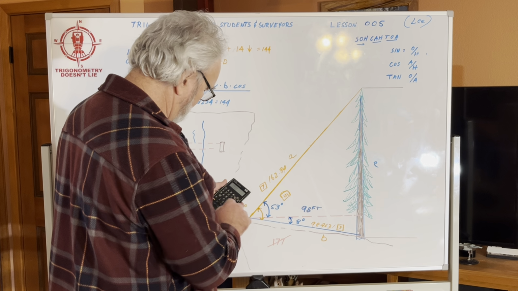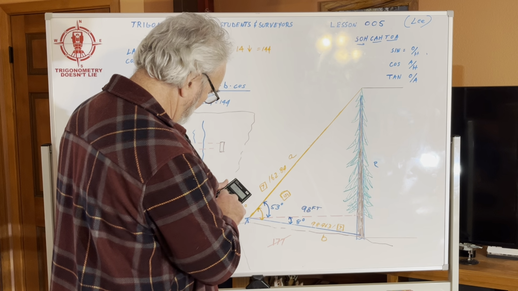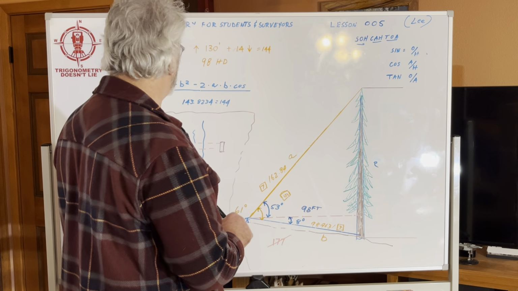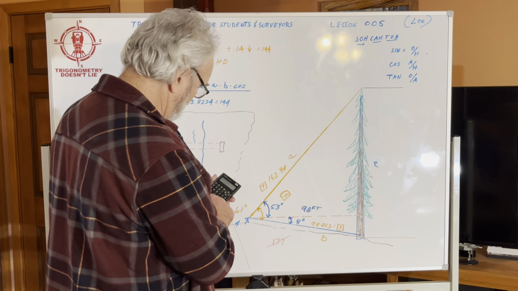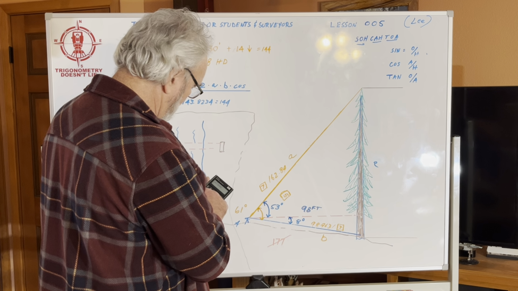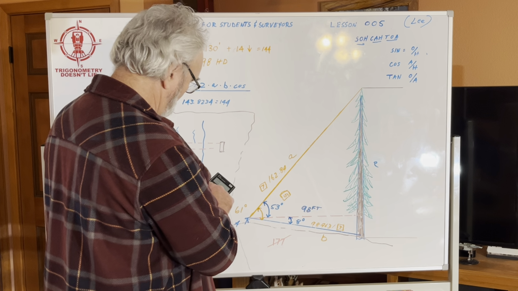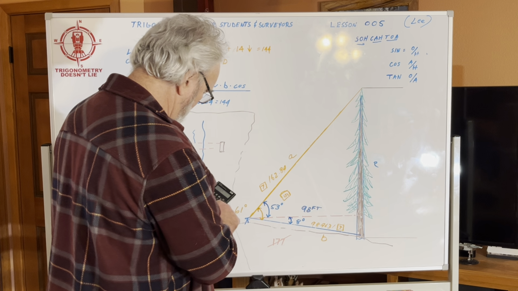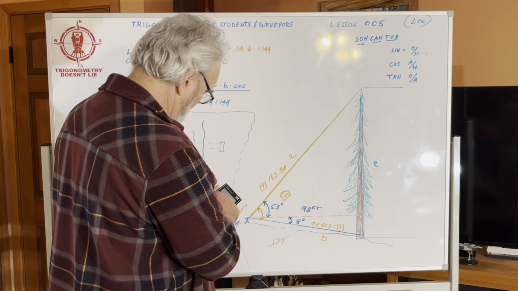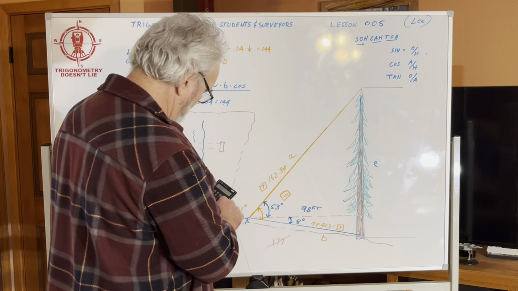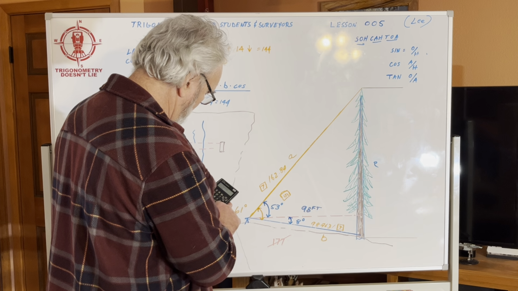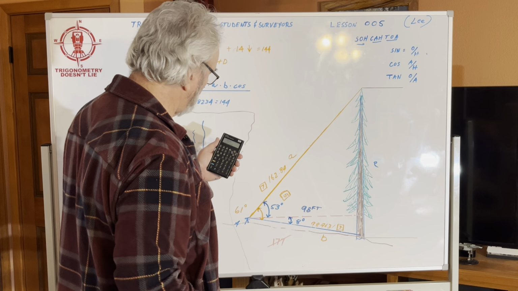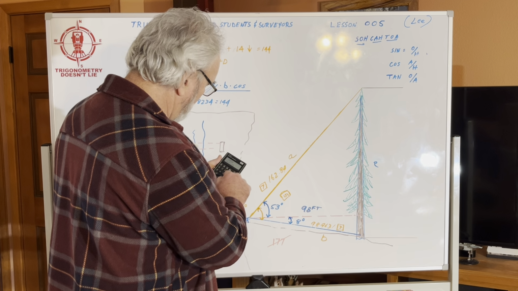Recall 7 squared, recall 3 squared, plus 2, enter, recall 7, times, recall 3, times, recall the angle, cosine, times, and then minus. Okay, 20,658, and now we want the square root of that.